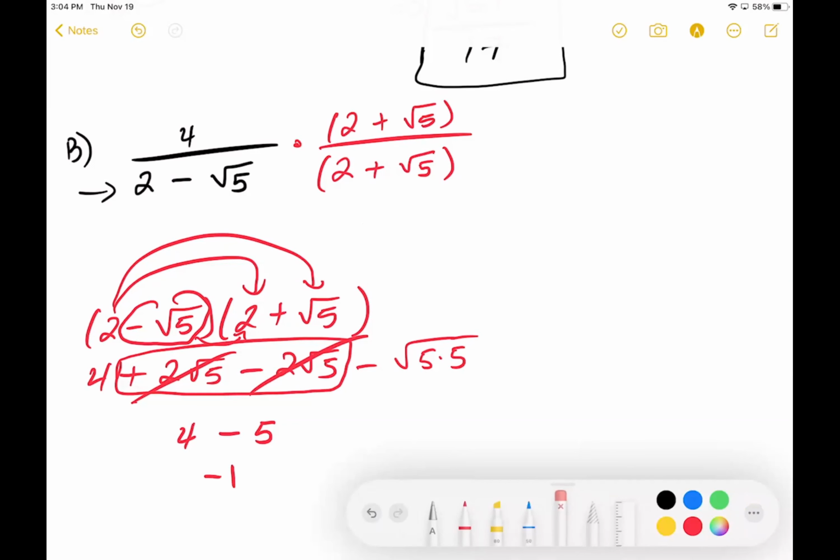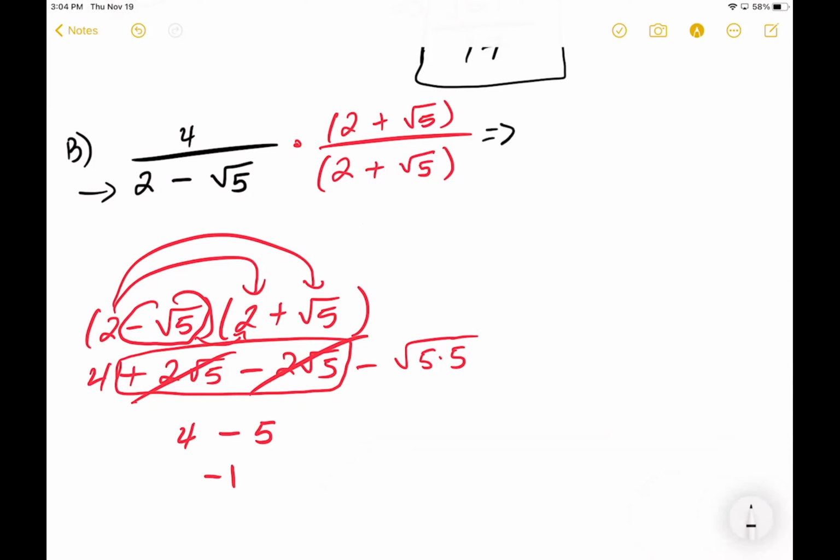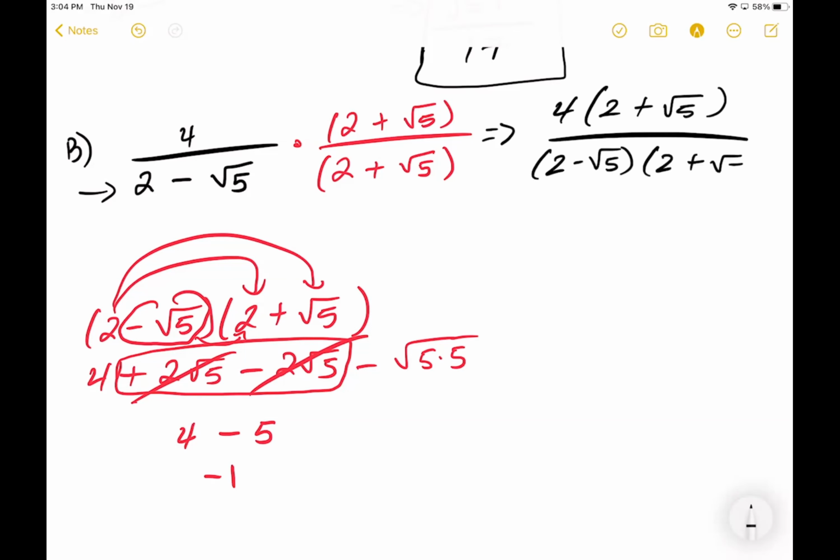Now, what do we have on the top, right? Let me combine this together. This is what we have: 4 times 2 plus the square root of 5, all over 2 minus the square root of 5 times 2 plus the square root of 5. Because it's multiplication, you basically extend this out.